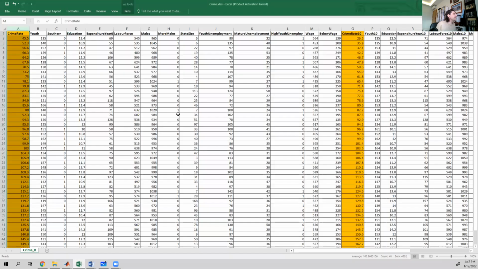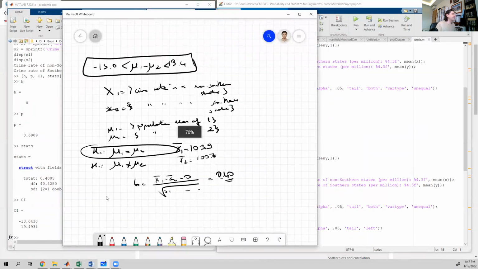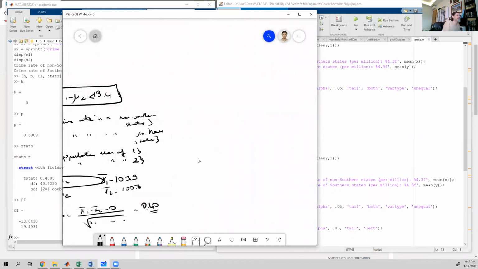The second one is a little bit interesting. Now, these crime rates are 10 years apart. So what I did is something like this. First, let me write it here. X1 is again non-southern.